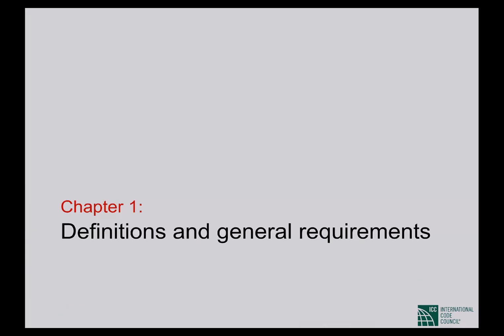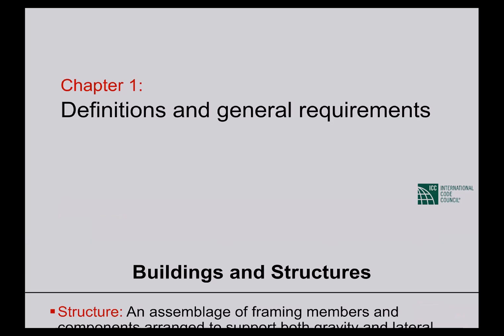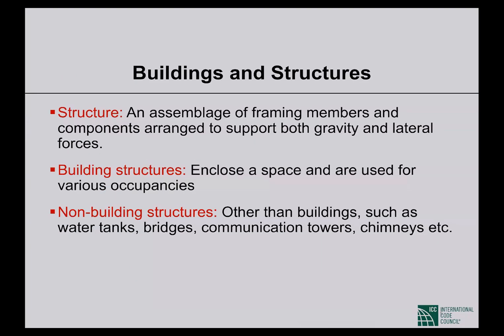So let's see what is there in chapter 1. There are many things, but I'll just emphasize a few topics. First, what is the definition of structure according to the building code? Structure: an assemblage of framing members and components arranged to support both gravity and lateral forces.